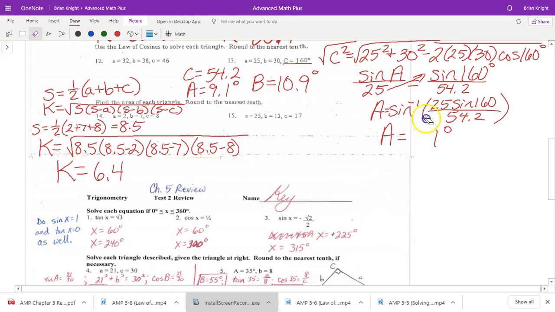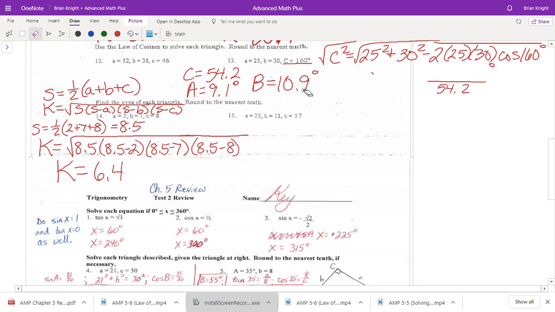And for my last problem, let me do some erasing so I have some room to write it. S equals 1/2 of 25 plus 13 plus 17.